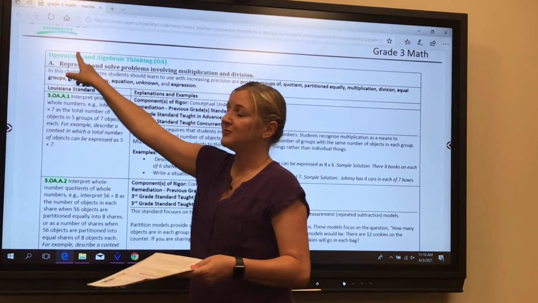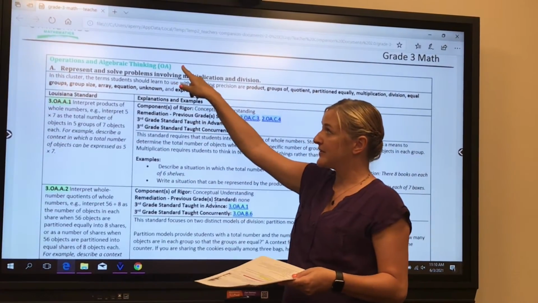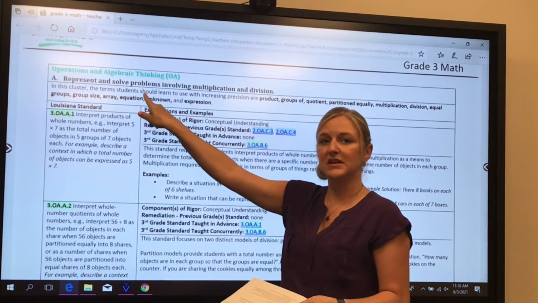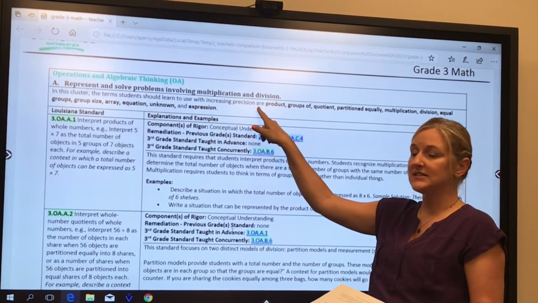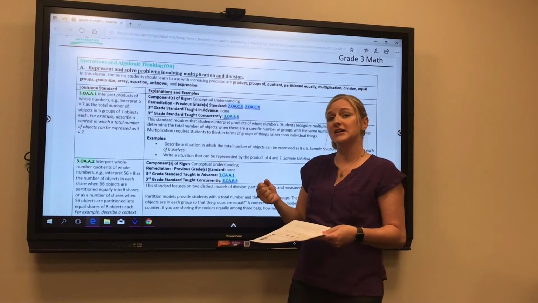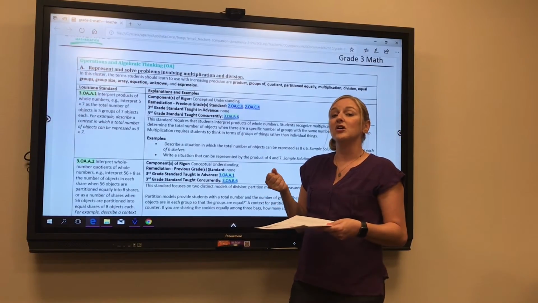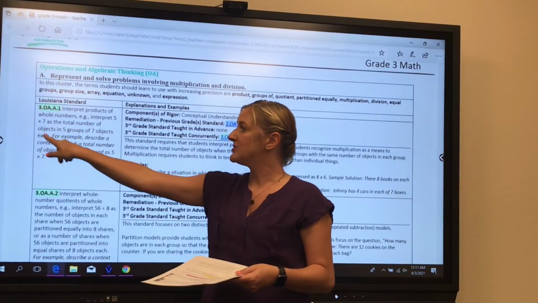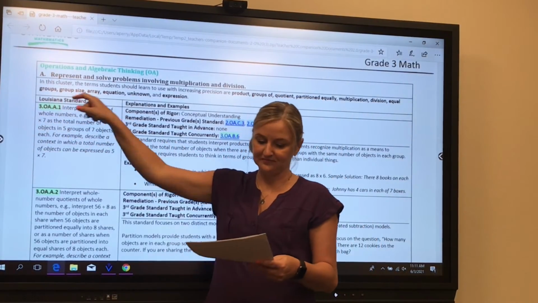I found my domain of operations and algebraic thinking, cluster A, and it tells me a little bit about what I can expect in this cluster, and you see there are a lot of terms because this is the first time that students are exposed to multiplication, and our standard is listed here.